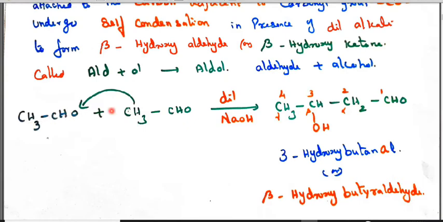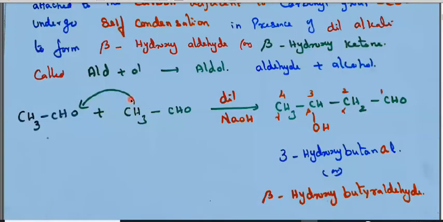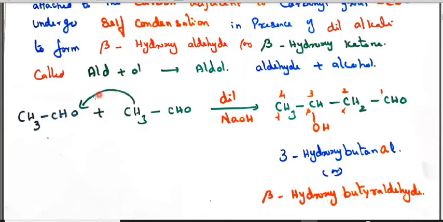So either this or this, one of the hydrogens is transferred to this oxygen. So we got CH3CHOH CH2CHO. This hydrogen is transferred from alpha to beta. It is beta hydroxy butanal, because aldehyde means al, butanal.